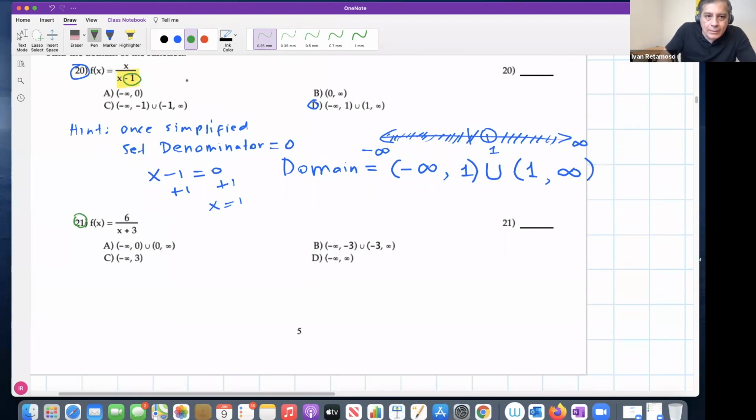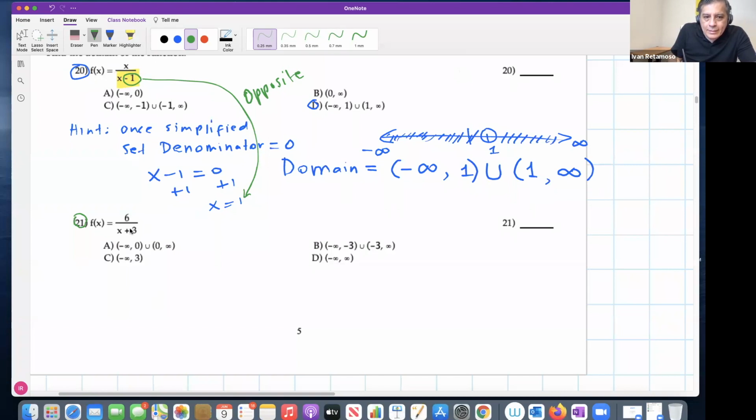For example, here, this was -1. We are taking away its opposite, 1, right? Opposite. Yeah. Or you can set the denominator equal to 0, solve for x. That's also fine. Very good, Julie. Very good, Jing. Excellent, guys.